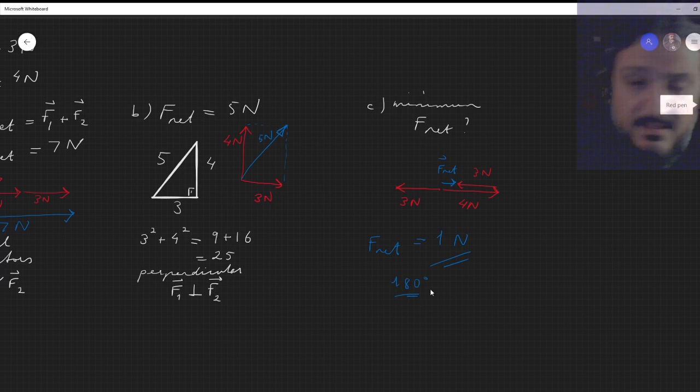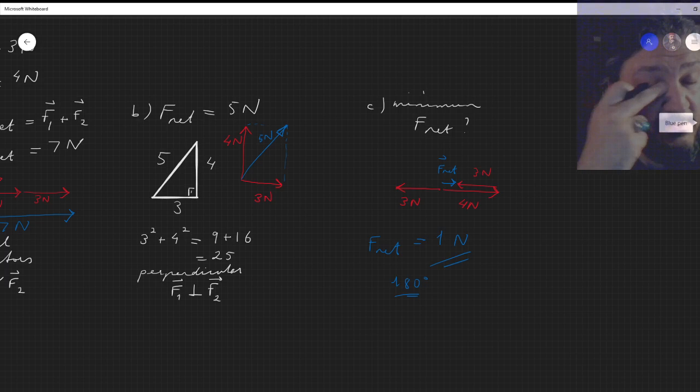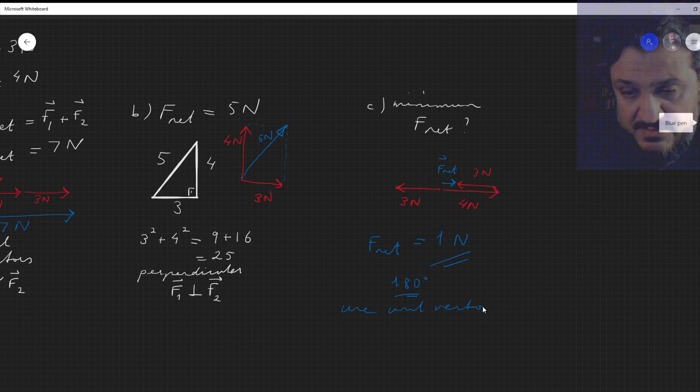Okay, if I use the notation with unit vectors, for instance, suppose this is the x-axis.